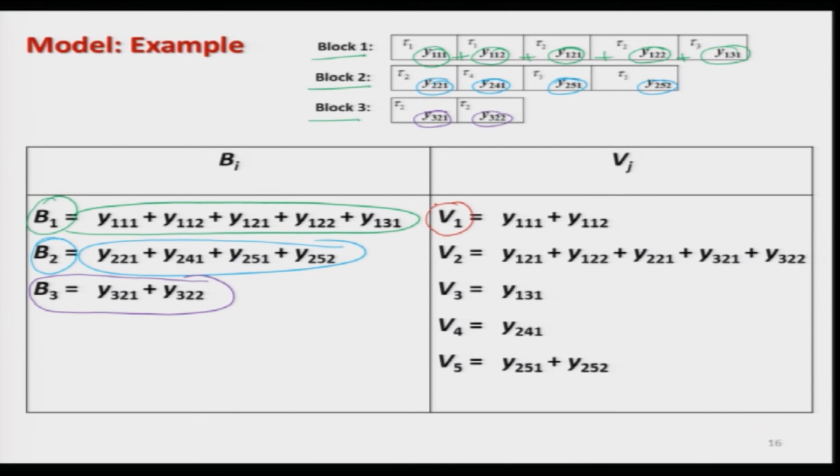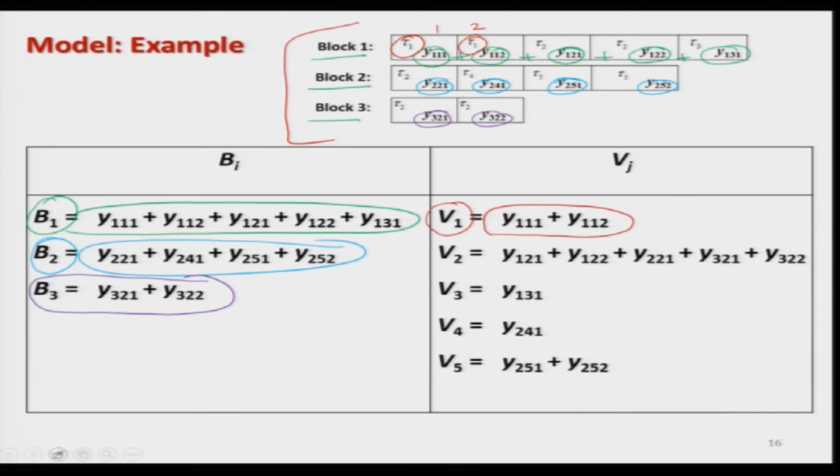You can see in the entire design which plots are given the treatment number 1, and you simply have to sum them together. Treatment number 1 is given in block number 1, plot number 1 and plot number 2. So, this is equal to y111 plus y112, and this is going to give you the value of treatment total V1.